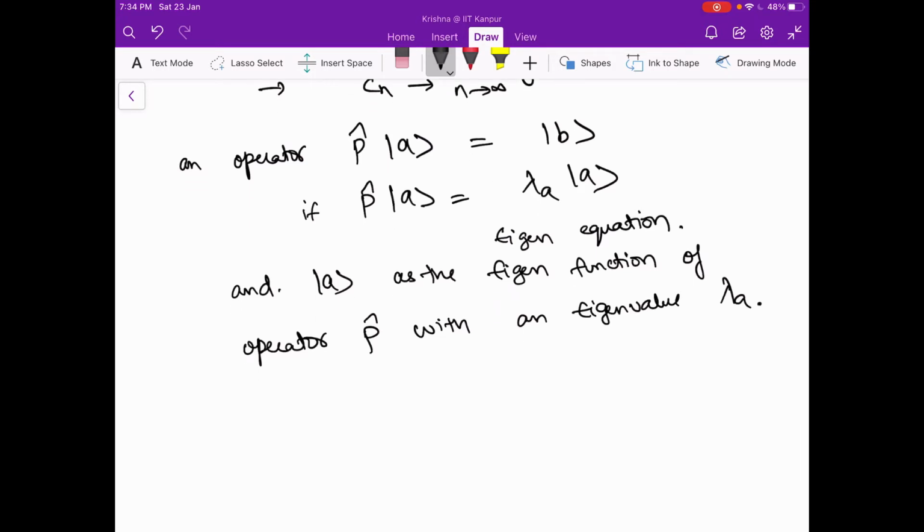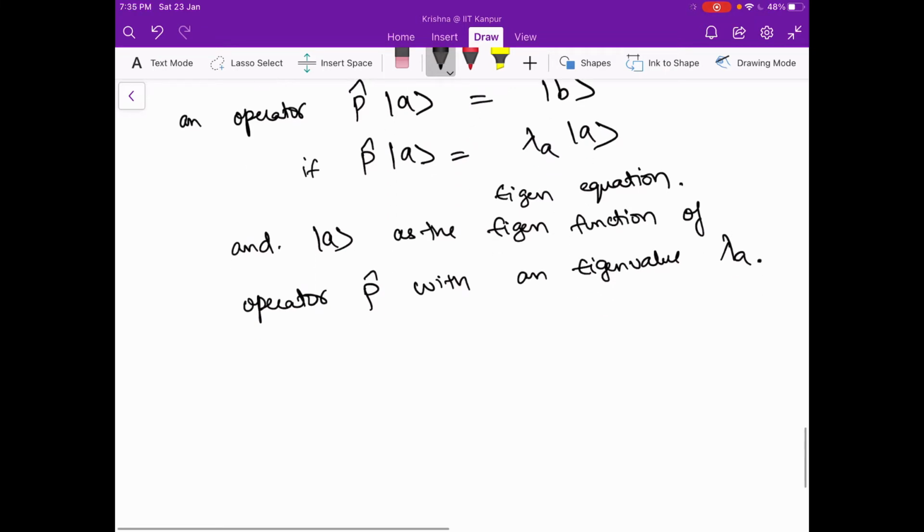So this is a direct relation between the finite-dimensional spaces and an infinite-dimensional space. And if in this definition, P acting on vector A is equal to P acting on vector A, right?